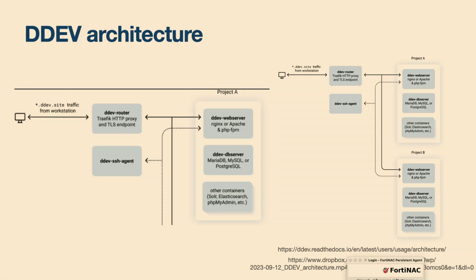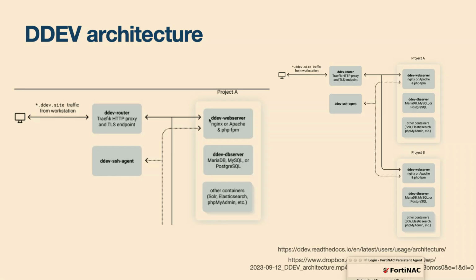Okay, so how does the DDEV architecture work? When you install it, it will bring down 3 Docker images. Well, actually, maybe a little more than that. It brings 5, but usually only 3 are used between the different projects, which are the web server, the database server, and whatever else you're trying to add on as an add-on.